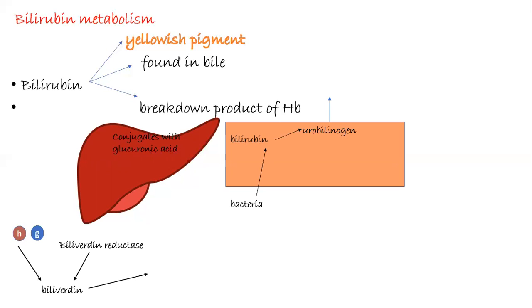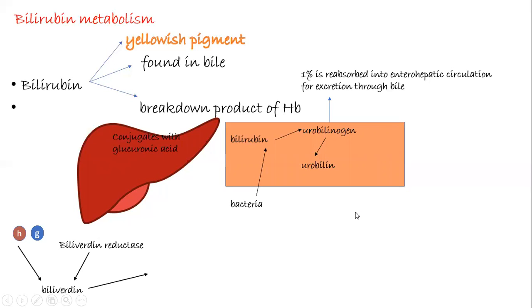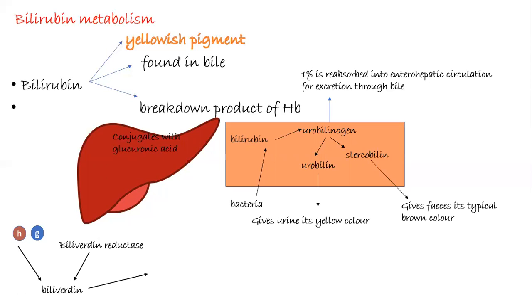Now, 1% of this urobilinogen is reabsorbed into the enterohepatic circulation for excretion through the bile, and the remaining part of this urobilinogen is converted to urobilin, and secondly, it forms stercobilin. Now, this urobilin is responsible for giving urine its yellow color, and this stercobilin gives feces its typical brown color.